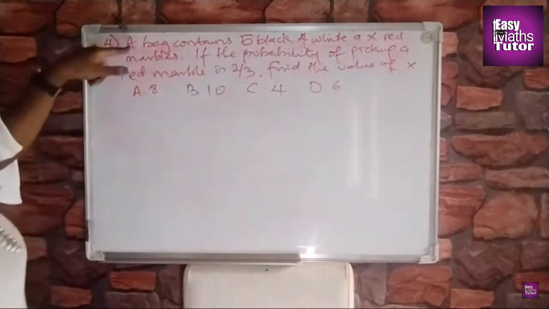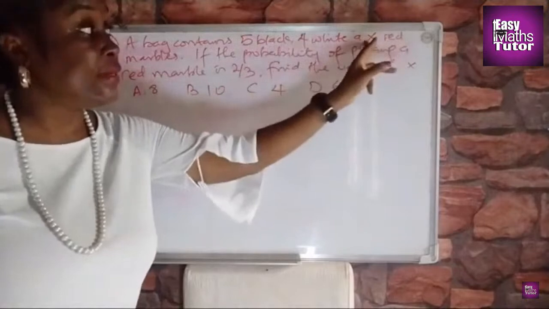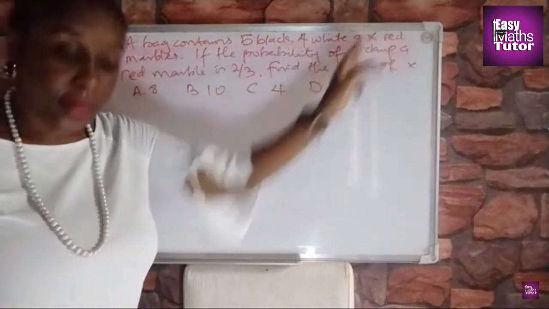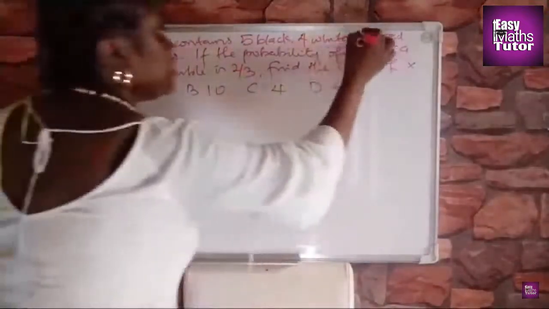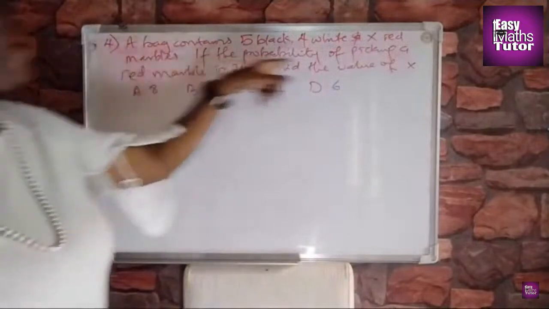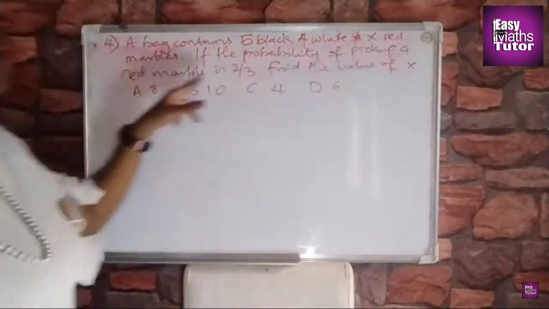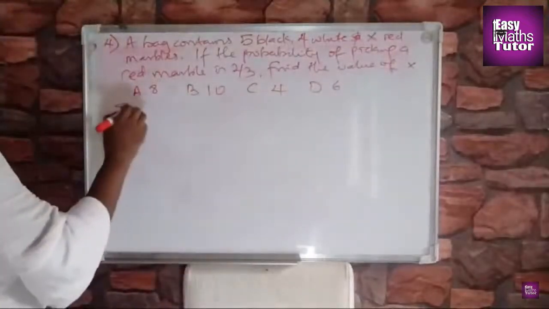So let's read it again. A bag contains 5 black, 4 white, and X red marbles. If the probability of picking a red marble is 2/3, find the value of X.